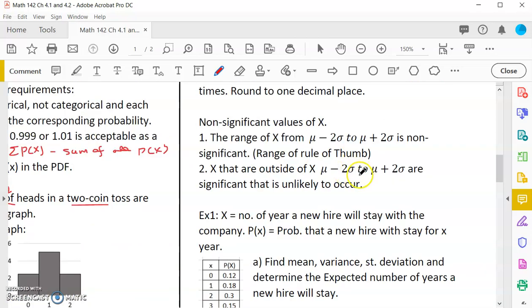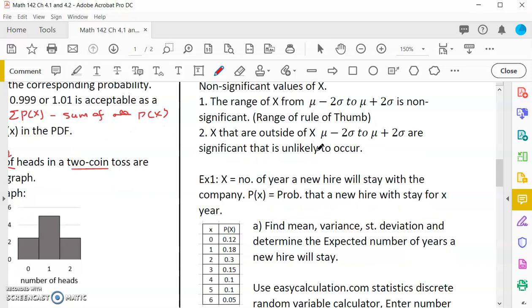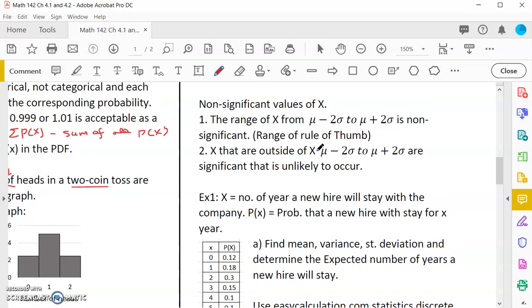And then there is one more important basic concept, called non-significant values of x. If you look at a PDF, some x are very likely to happen, some x have low probability, some x have high probability.